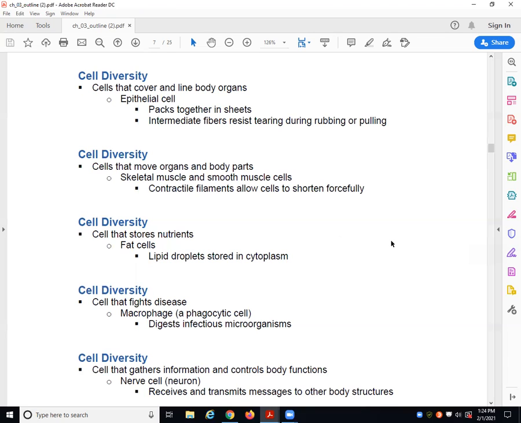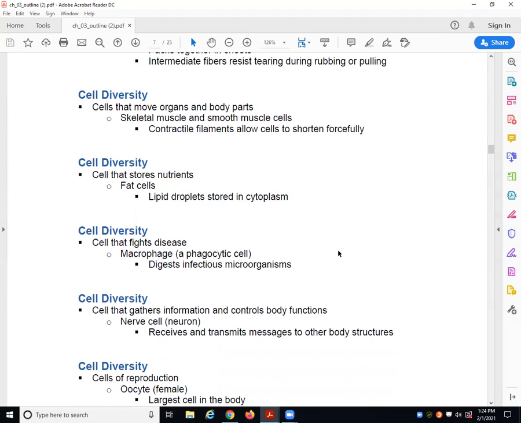All right, you also have cells that help you protect yourself against foreign invaders, right? Help you fight disease, like your macrophages. And these are phagocytes, cells that eat things, and they're going to digest or break down infectious microorganisms. Okay. You also have cells that gather information and control different functions in your body.